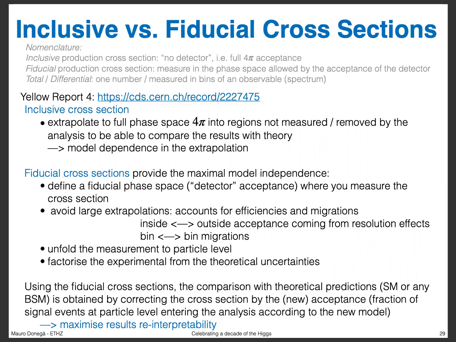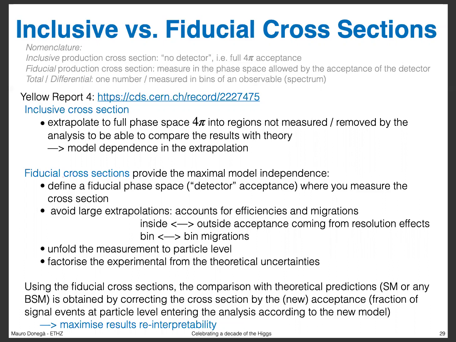What makes a fiducial cross-section different from a simple inclusive cross-section is that in the inclusive cross-section, you extrapolate to the full phase space, what we call the 4 pi. By doing this extrapolation, you also cover regions that are not measured by your analysis, or that are actually removed by your analysis.